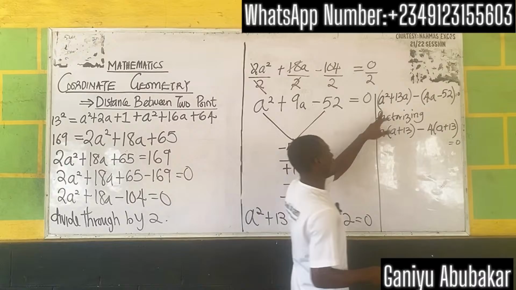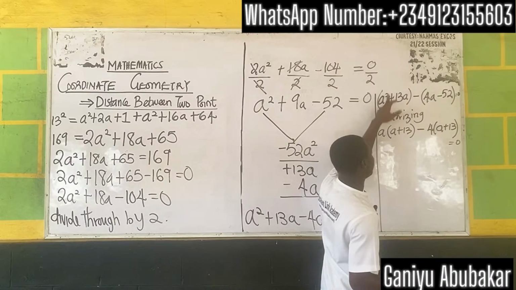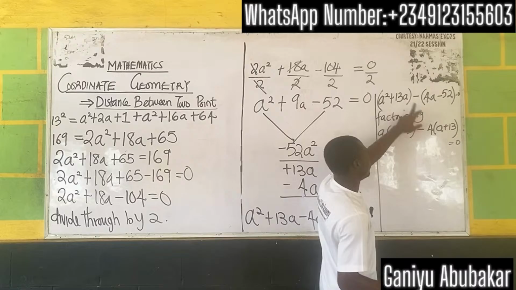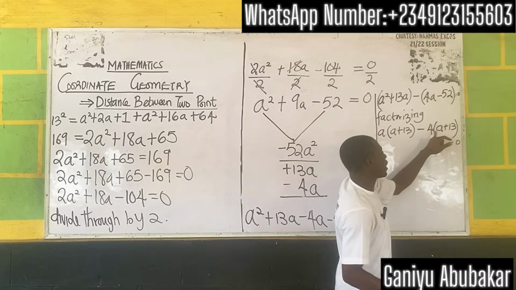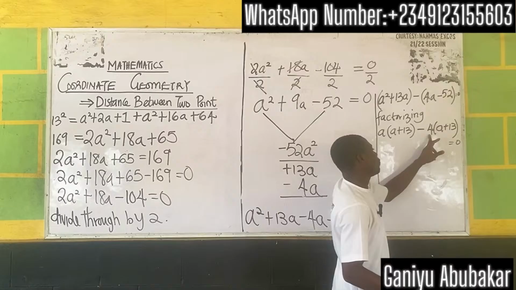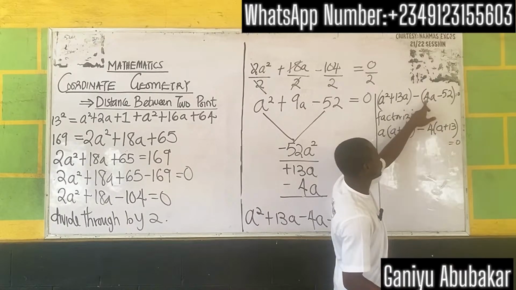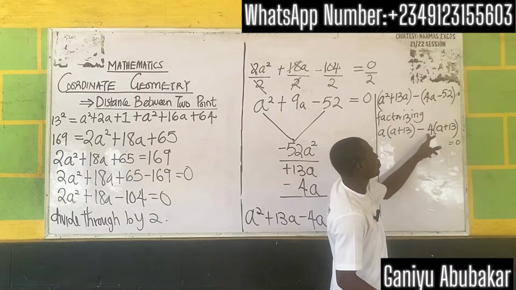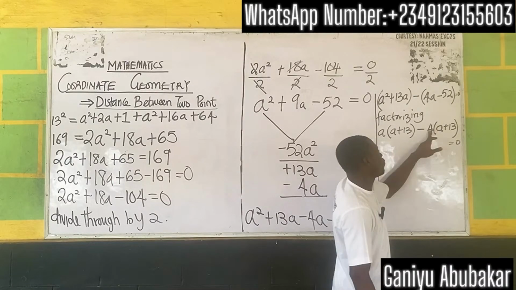A is common here, so a times a gives you a squared, a times 13 gives you 13a. Negative, what's common here is 4. Minus 4 times a gives you minus 4a. Minus 4 times plus 13 gives you minus 52.